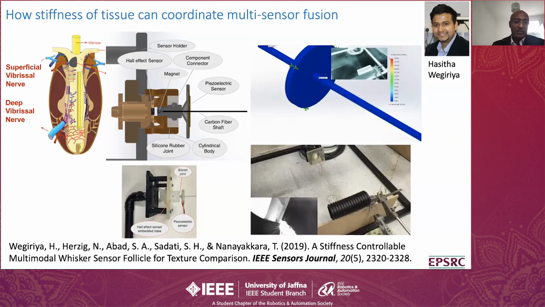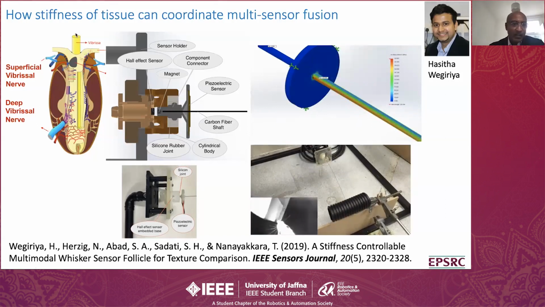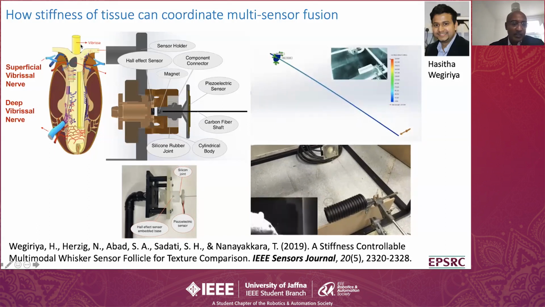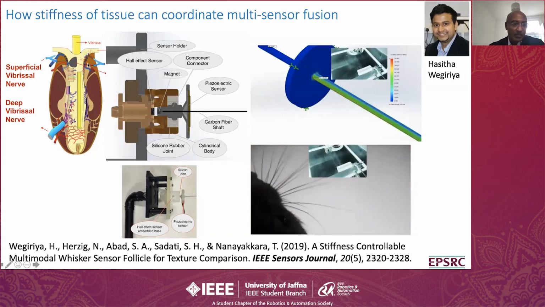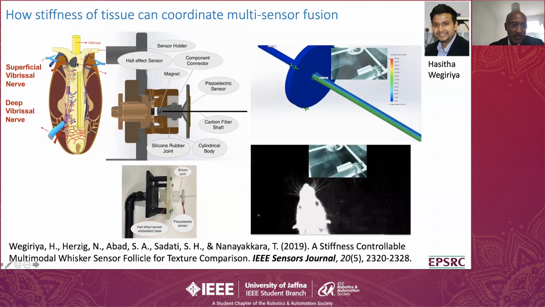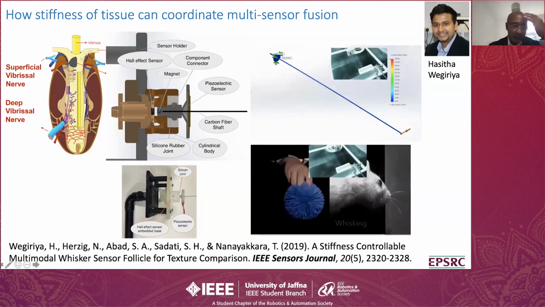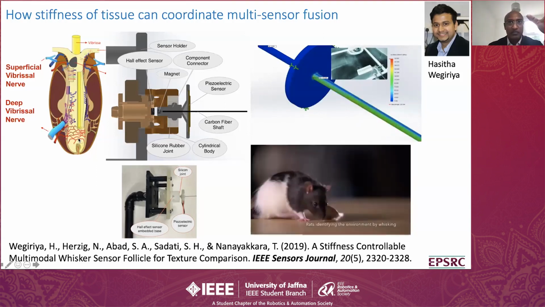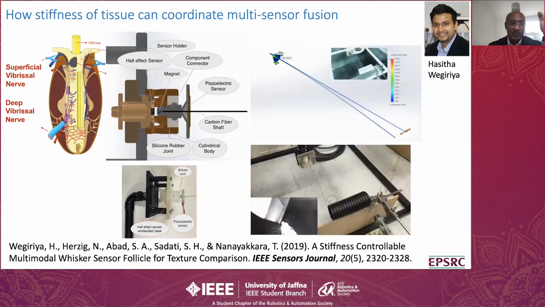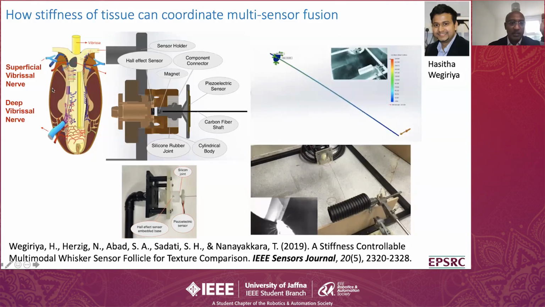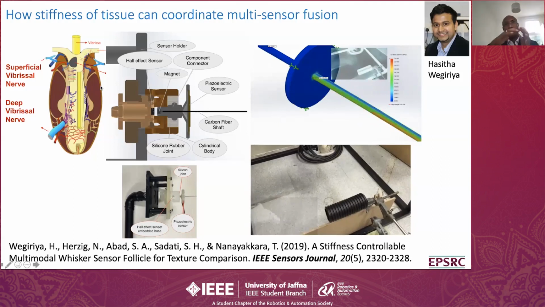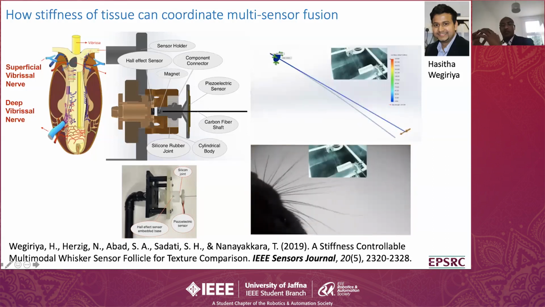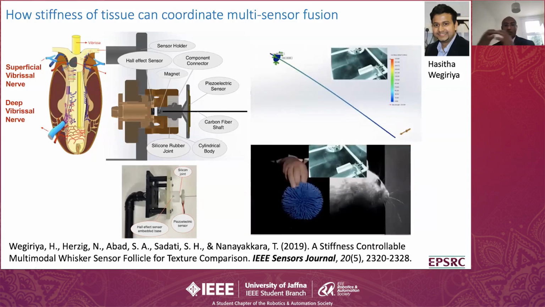And then he suspected that high frequency components, such as the texture information of an object, are captured at the superficial vibrissal nerve, and low frequency information such as the geometric information of the object, like its shape, is captured here. And by contracting and relaxing this ring sinus, you can rotate this filter to favor high frequency components or low frequency components.